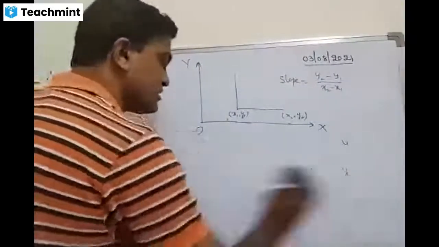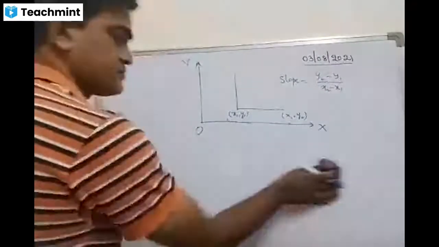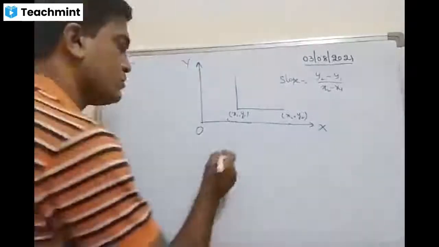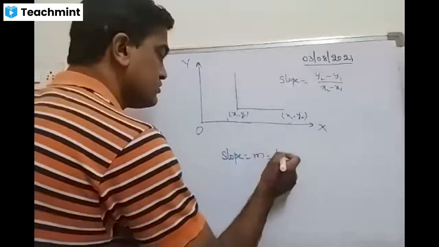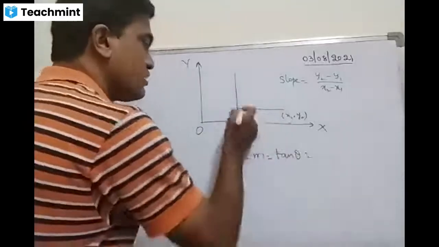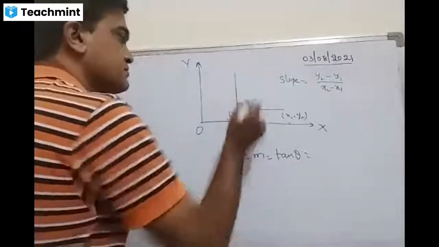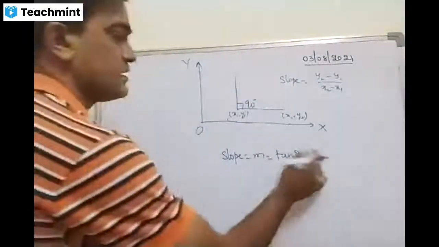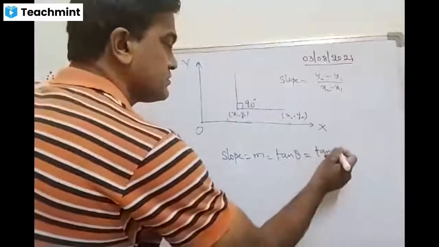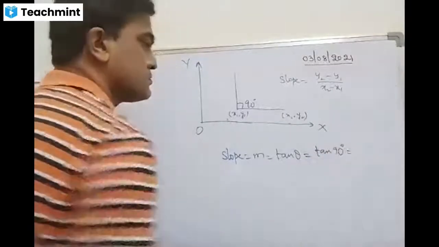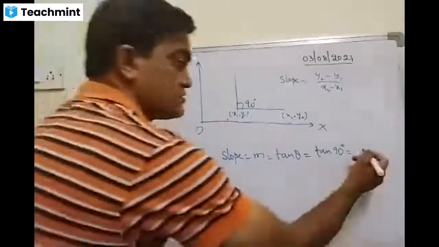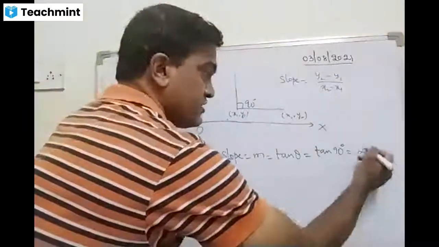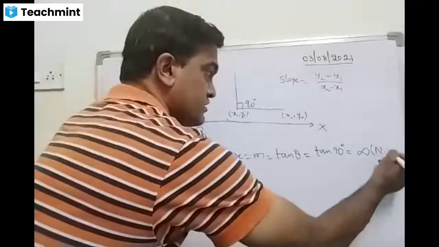What is the general formula that you will write for slope? Slope is nothing but m is equal to tan theta, right? Now what is the angle here that you have taken? 90 degrees. What is tan 90? Infinity, not defined. So I can write this as infinity, or I can say not defined.